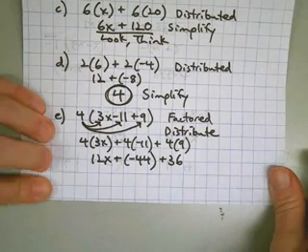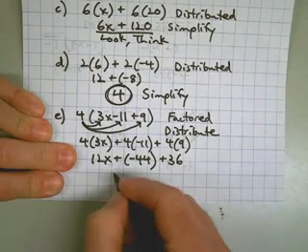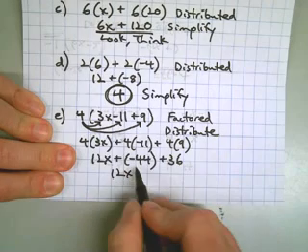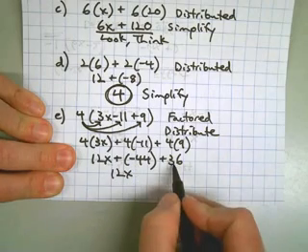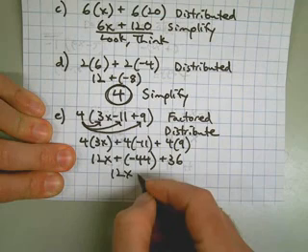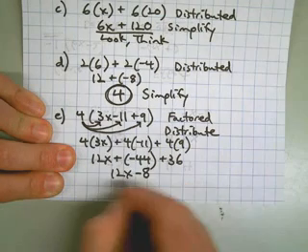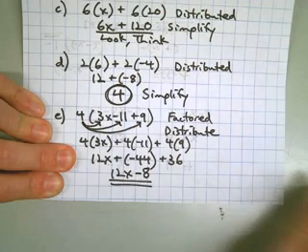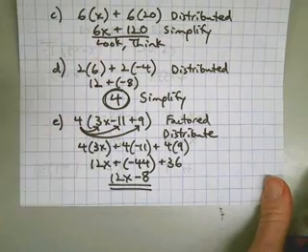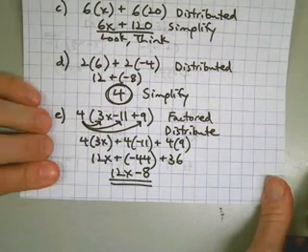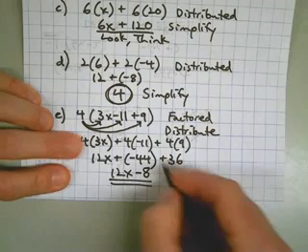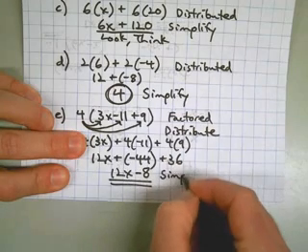I hope I don't make a mistake. Finally, 12 x's, 44 negatives, and 36 positives makes 8 negatives. Then I look and I think about it. Can I do anything else? No, I cannot. This is done. It is simplified.